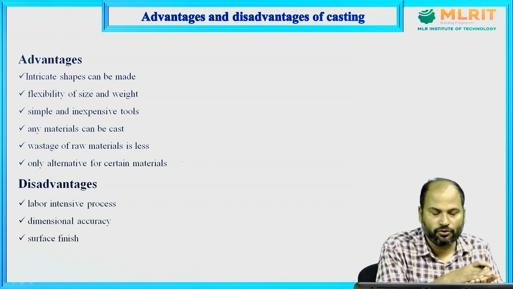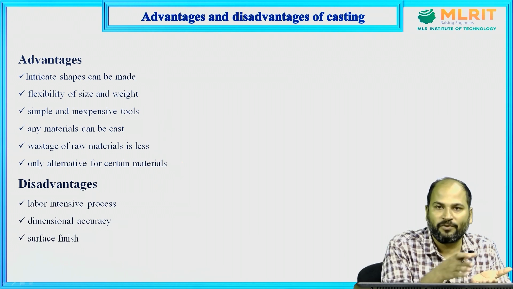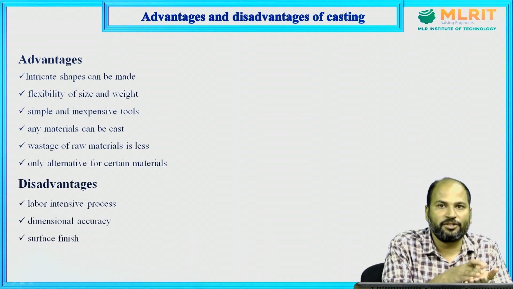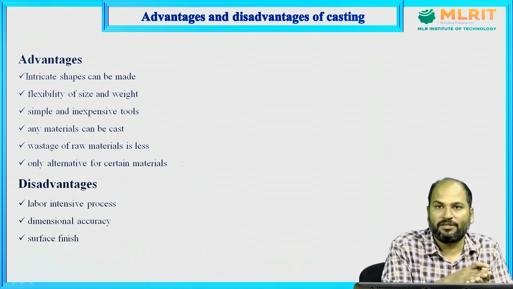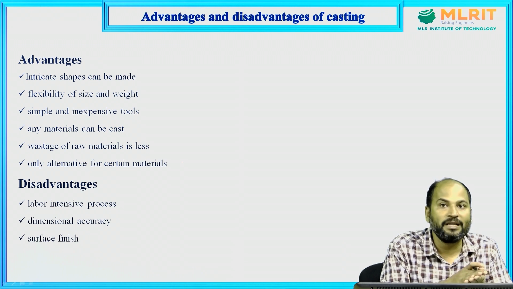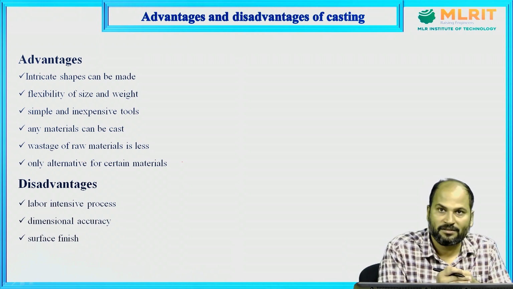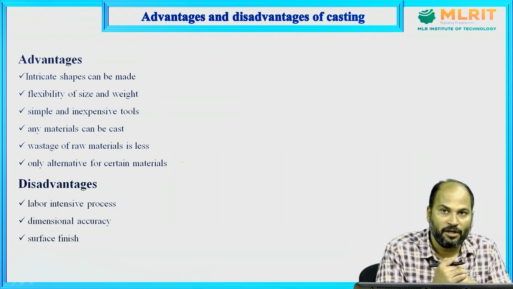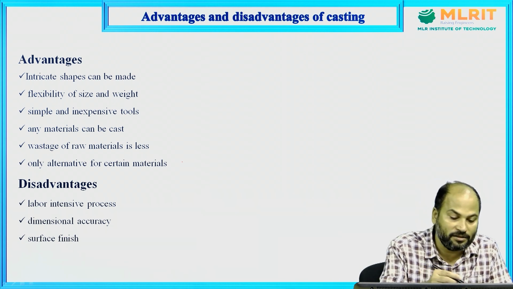Once it reaches there, it solidifies and takes the shape we want to produce. So this is the beauty of this process: even complex shapes, which are very difficult to produce by other manufacturing processes, can be produced with casting. Complex geometry or intricate shapes can easily be produced by the casting process.